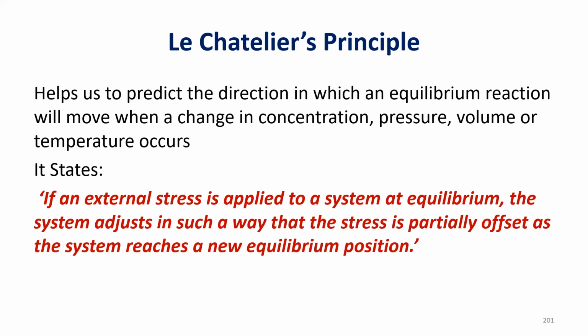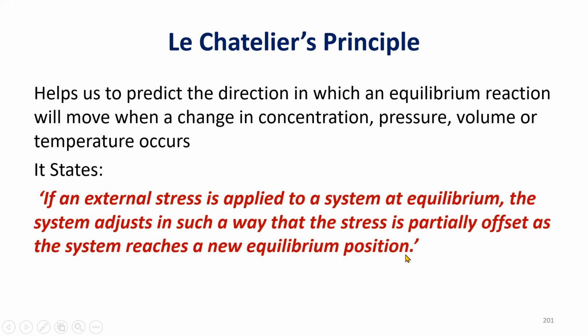We can use this principle to predict which direction the equilibrium will move. It simply states that if an external stress is applied to a system at equilibrium, the system adjusts in such a way that the stress is partially offset as the system reaches a new equilibrium.